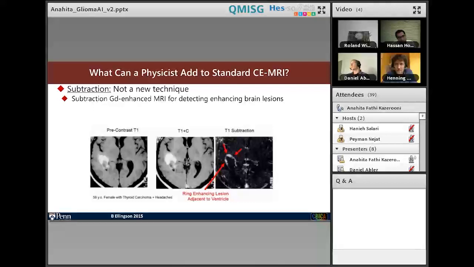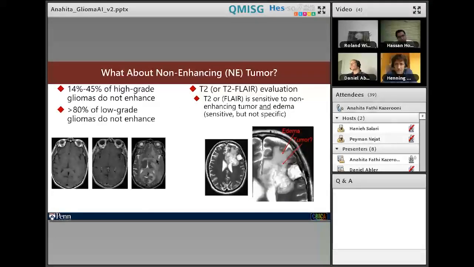So what can a physicist add to conventional MRI, specifically contrast-enhanced MRI? It is not a new technique, just do T1 subtraction, which means subtract pre-contrast T1 weighted from T1 post-contrast. It will signify the enhancing tumor region better and differentiate it from the normal tissue.